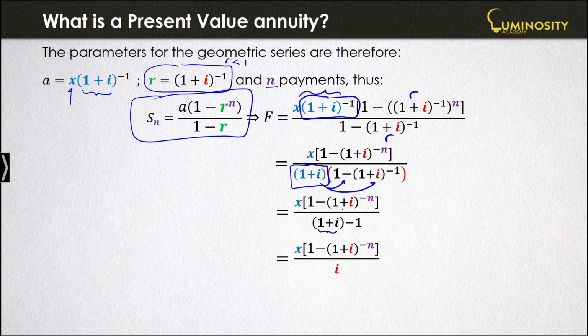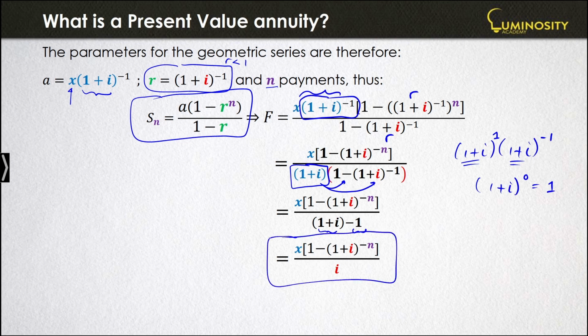So we get (1 plus i) times 1, and then essentially we have (1 plus i) times (1 plus i) to the negative 1. Remember, that's a positive 1 there. So they have the same base, so you add the exponents, you get 0, which is just 1. So that's where that 1 comes from there. And then they add a minus sign in between. Cleaning all that up, you get the formula for present value.